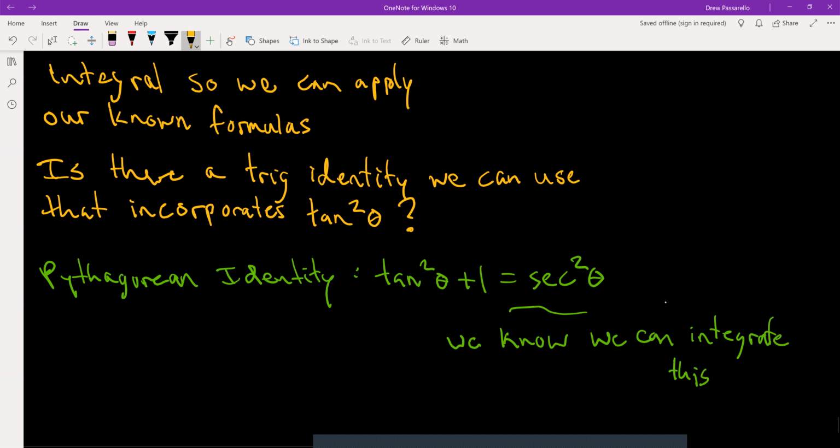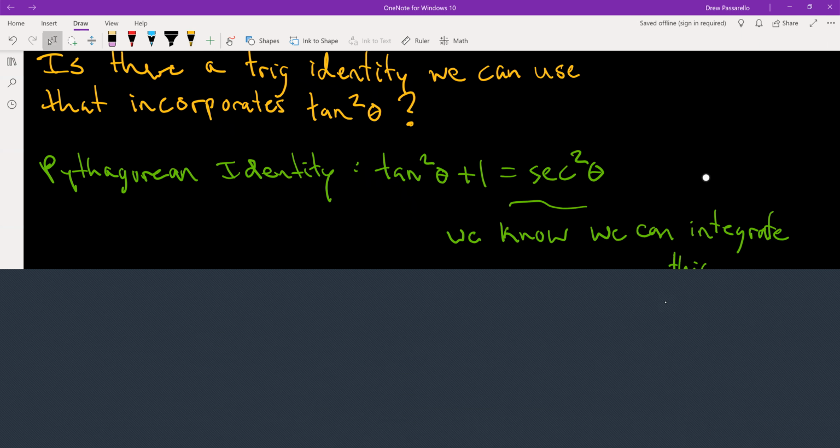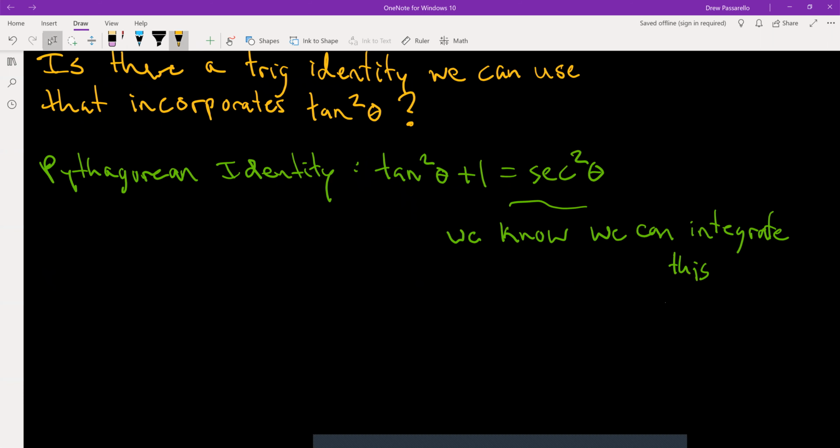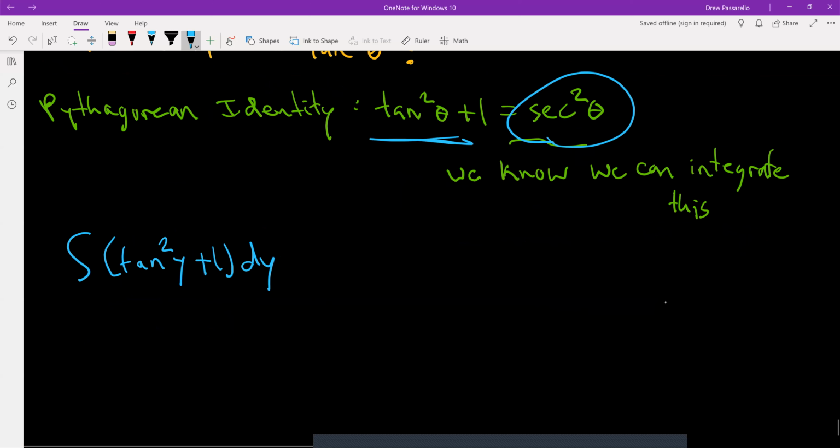So our original problem had tangent squared of y plus 1, dy. Using this identity, tangent squared plus 1 is equivalent to secant squared, so I can write this as secant squared of y.